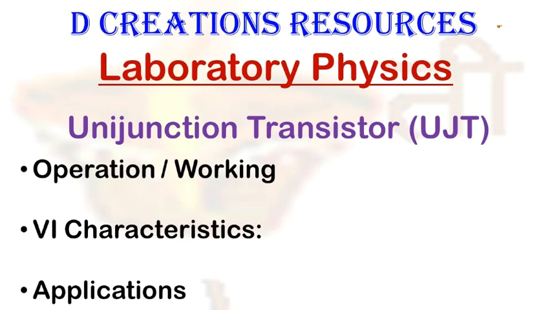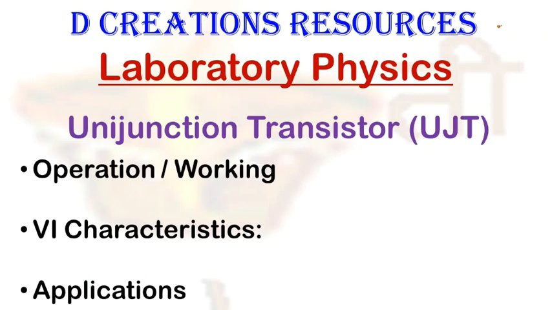Now let us understand how a UJT operates, or how is the working of a UJT. If you recall the equivalent circuit of the unijunction transistor, you can consider it with the voltage source VEE.